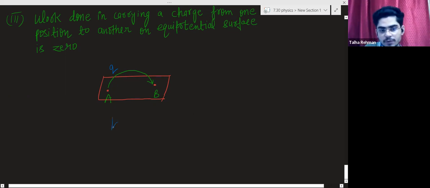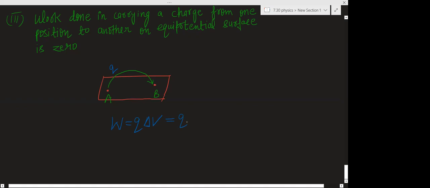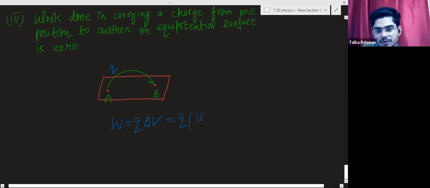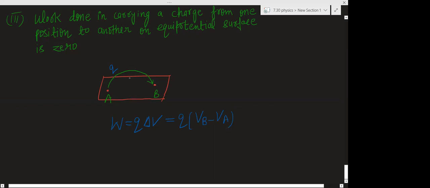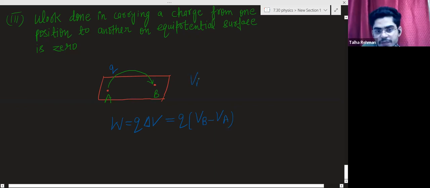We have the formula: work done is charge times change in potential, where delta V is the change in potential and Q is the charge. Change in potential is final potential minus initial potential. And this is an equipotential surface, meaning VA equals VB. So this will be 0. So I have proved that work done in carrying a charge on an equipotential surface is equal to 0.